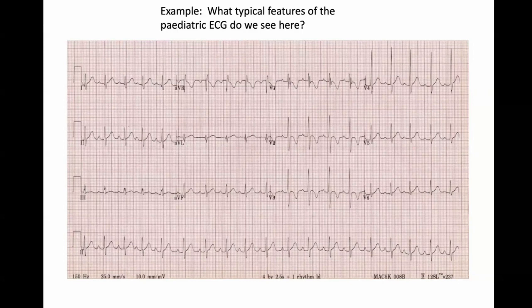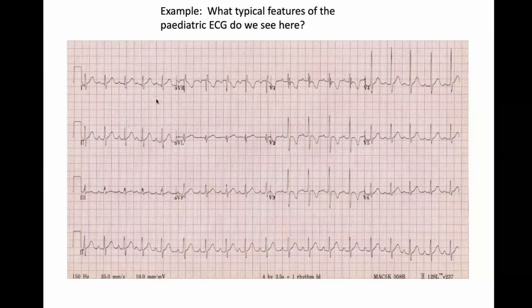What we can also see is that there are quite dominant R waves in V1, not so much, but more obviously seen in V2 and V3, which can still imply that there's right ventricular dominance in this patient.